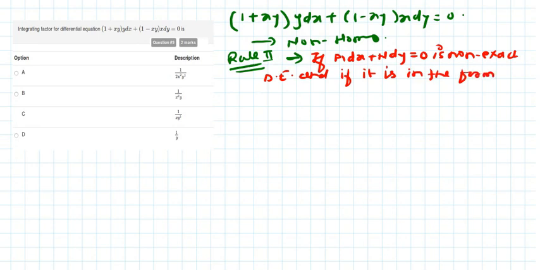If it is in the form of y into function of x into y dx plus x into function of x into y dy equal to 0, here it is dx.